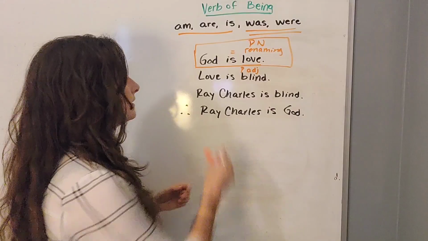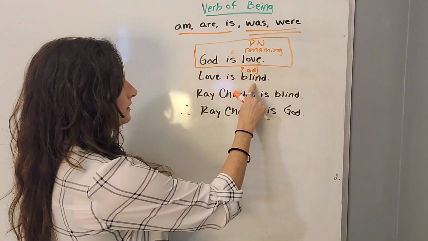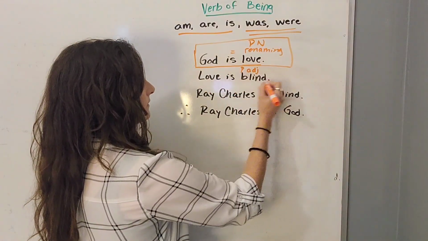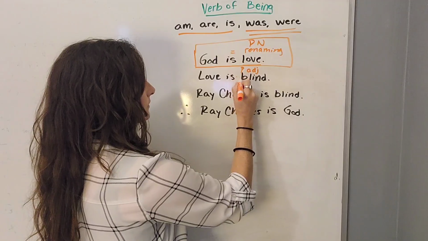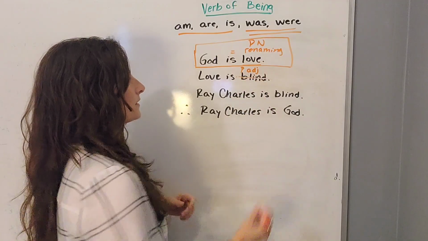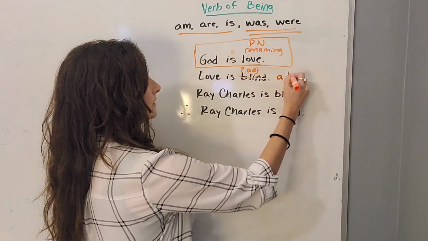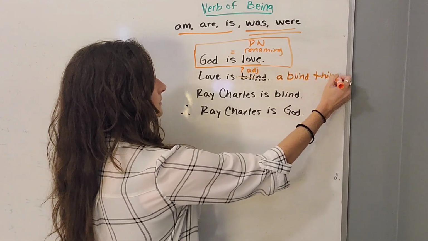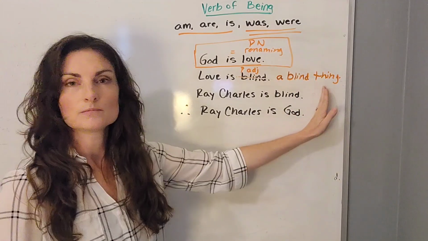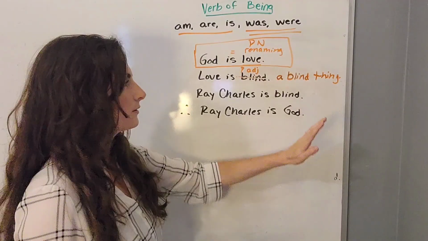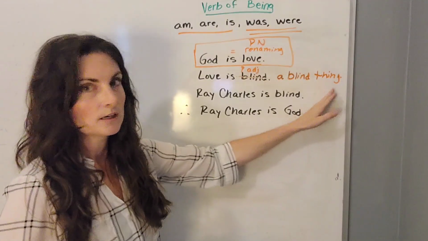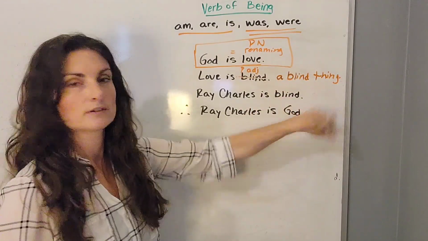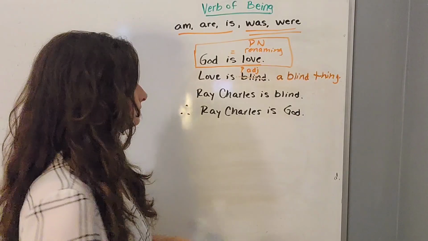How would we do that? Love is blind. What I could say is, I'm going to mark this out like that. Love is a blind thing. So I added thing there. And this is how you can do it sometimes, is just taking the adjective and putting thing at the end of it.